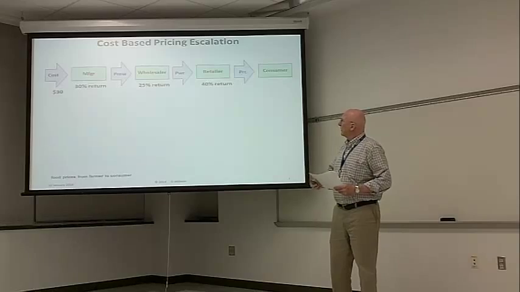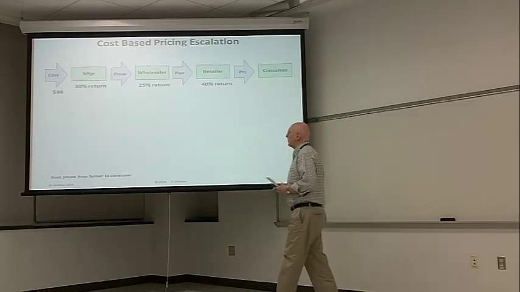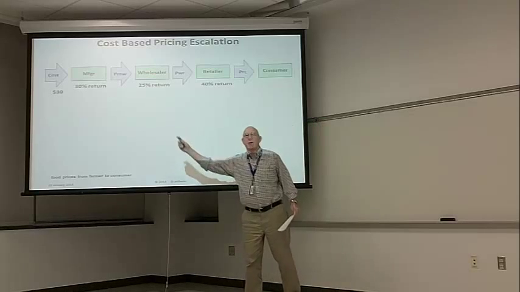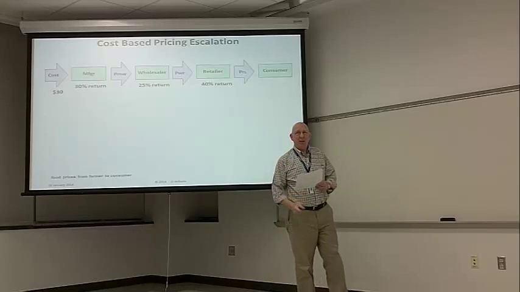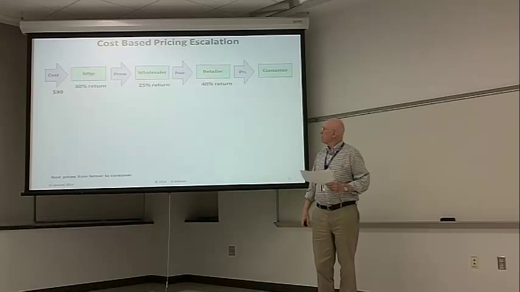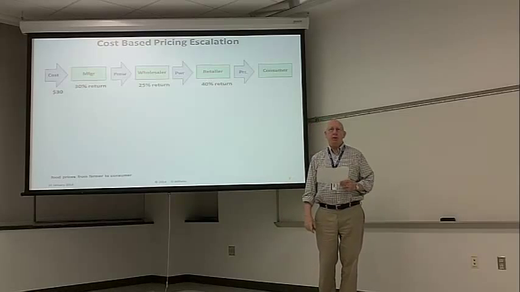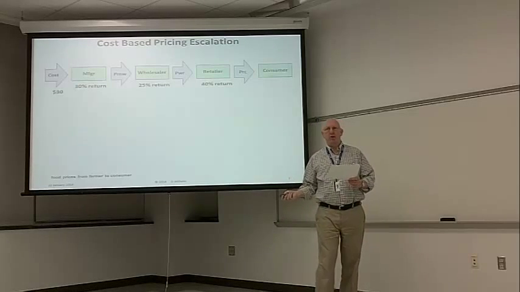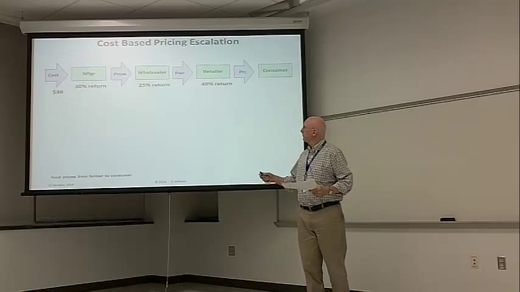Here is an example of cost-based pricing escalation. So we're starting with the manufacturing cost, and in this example, it's going to cost us $30 to make it. The manufacturer would like a 30% return. That is, they'd like to charge 30% more than the sum of their parts and labor.